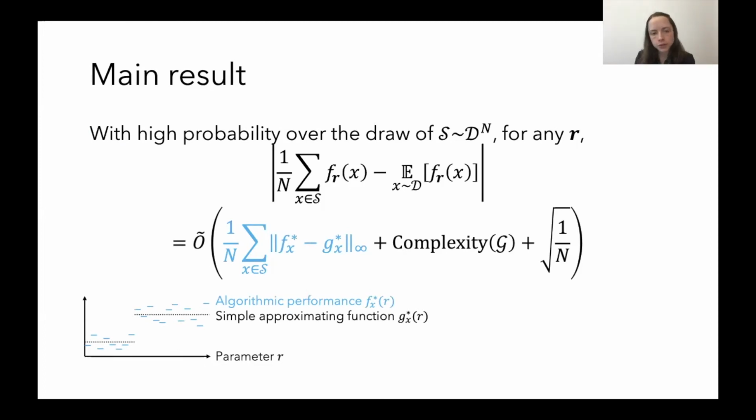The first term in this bound measures, on average over the training set, the difference between this true algorithmic performance function fx star and the simple approximating function gx star, on average over all inputs x in the training set. And we're taking the L infinity norm here, which means we're measuring the maximum difference between the blue and the black function in this picture.